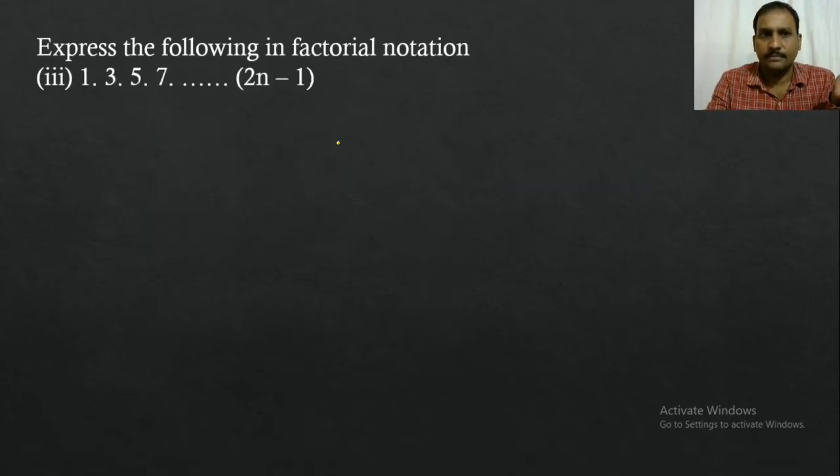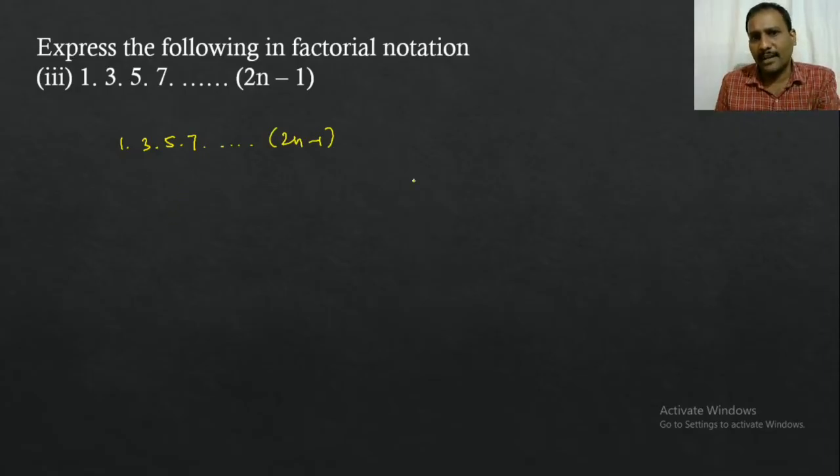Next, express the following in factorial notation. Here we have 1 into 3 into 5 into 7 and so on up to 2n minus 1. All we have here are odd numbers. To complete the factorial notation, we need the missing numbers, which are the even numbers 2 into 4 into 6. So let us multiply and divide by the even numbers.